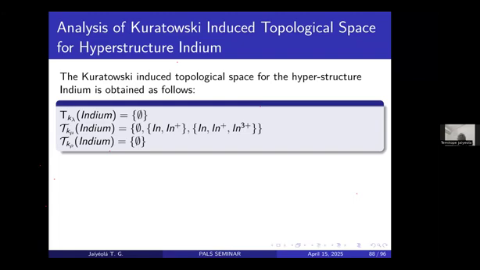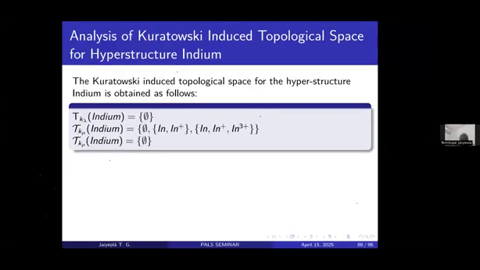For the middle, it contains 3 elements, and for the right, it contains only the empty set. So we can see that in this case, the topologies for the right and the left nucleus are the same.